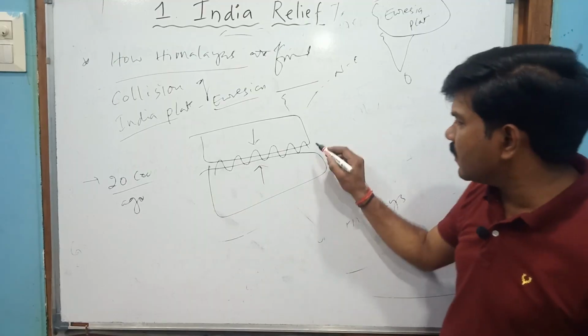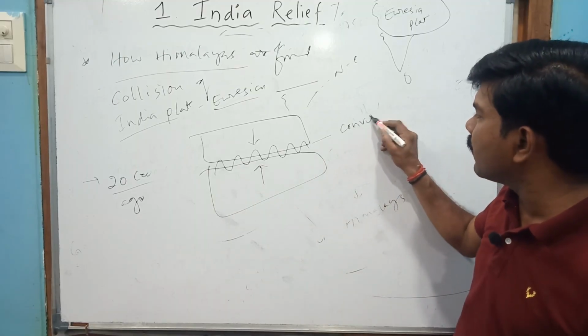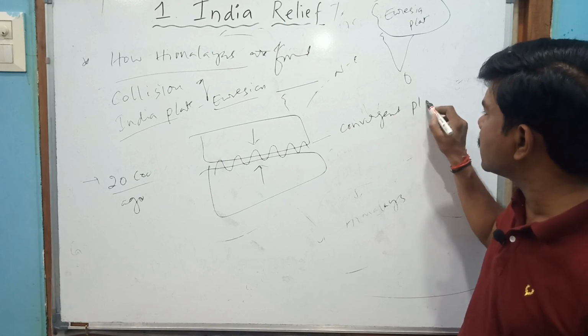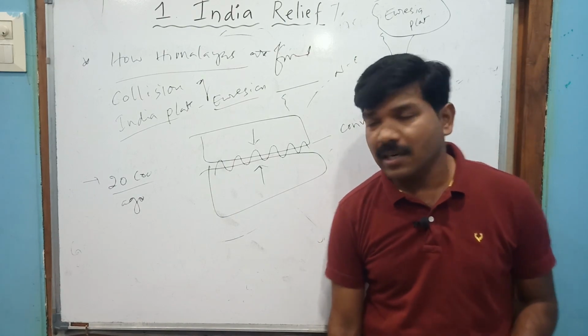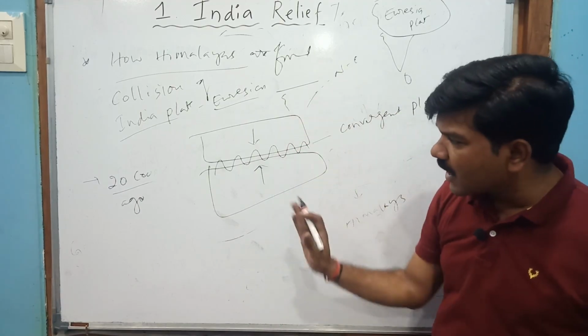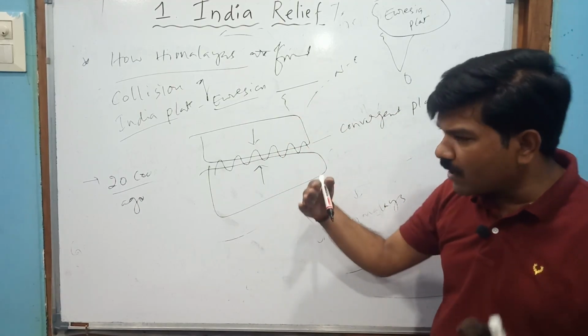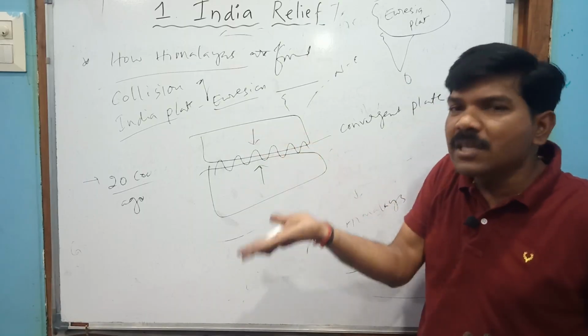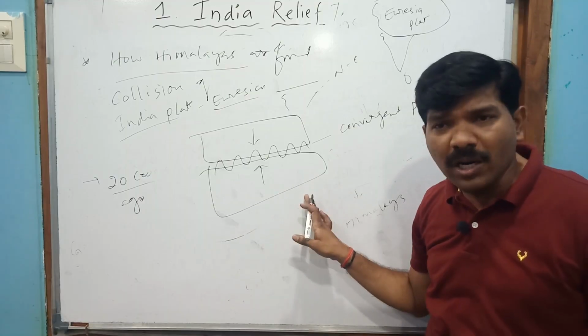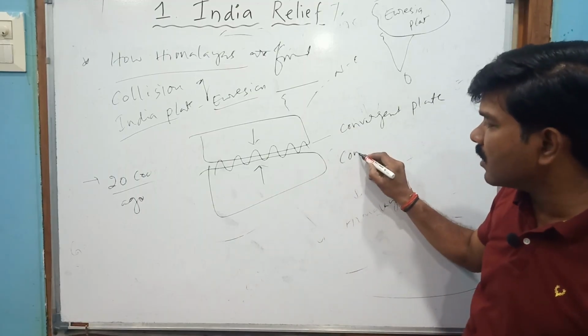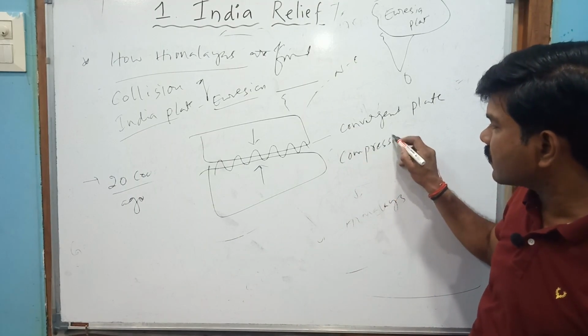This is due to convergent plates. Plates are of three types; one is convergent, another is divergent. So whenever both come together, the mountains can rise. Mountains can be buckled due to the collision, because of the compression force.